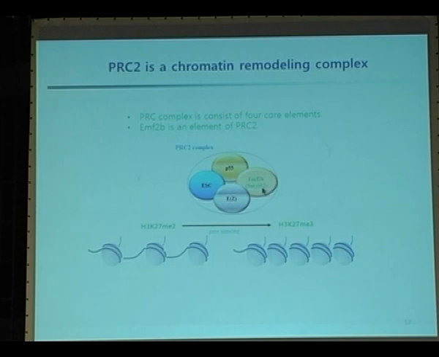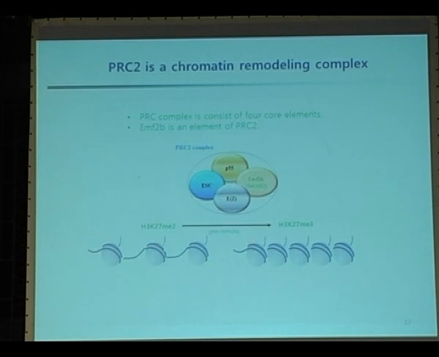In Arabidopsis, another name for this is EMF2B. And this core complex actually trimethylates, as I told you, histone 3 lysine 27, and trimethylation condenses chromatin structure. This is known from the mammalian system.